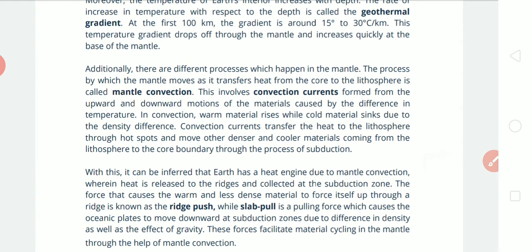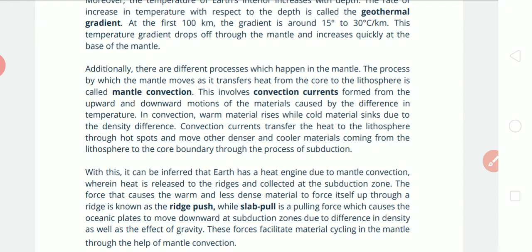Additionally, there are different processes which happen in the mantle. The process by which the mantle moves as it transfers heat from the core to the lithosphere is called the mantle convection. This involves convection currents formed from the upward and downward motions of the materials caused by the difference in temperature.